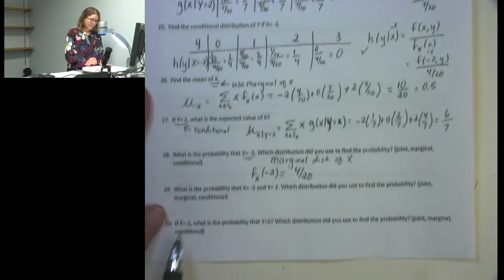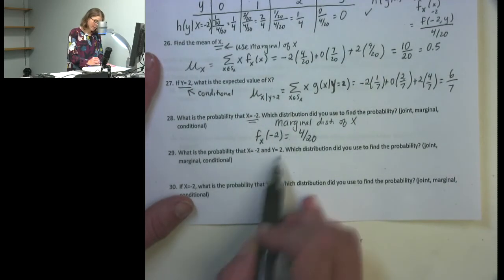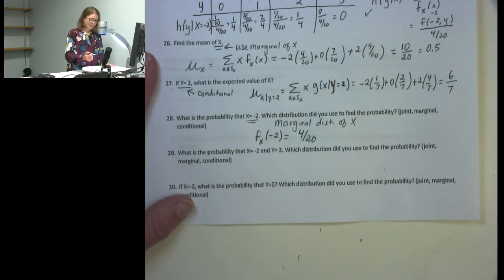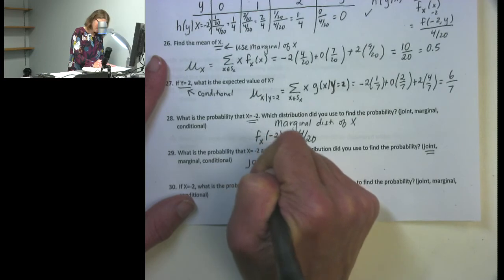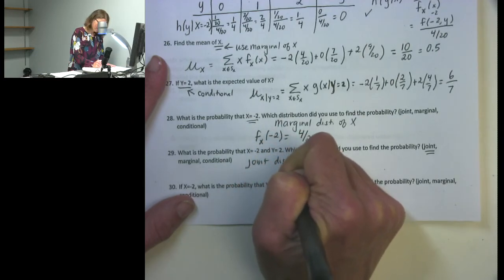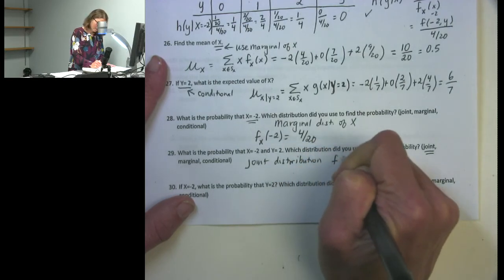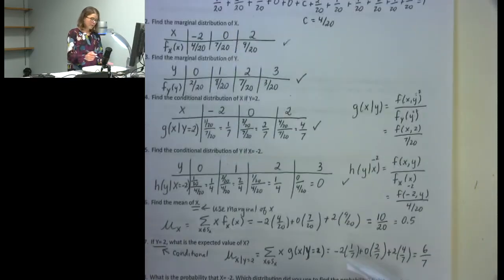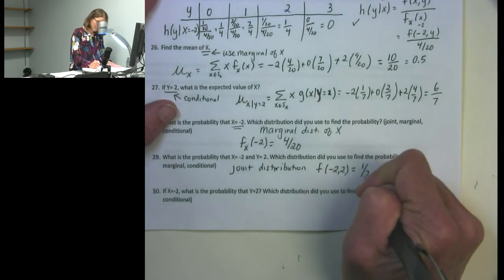If I am looking for the probability that x is negative 2 and y is 2, here there's no if type of statement, so it's not conditional. This would be one where I'm just looking for the intersection, and so I'm going to use the joint distribution. F of negative 2, 2. So negative 2 and 2 gives me 1/20.